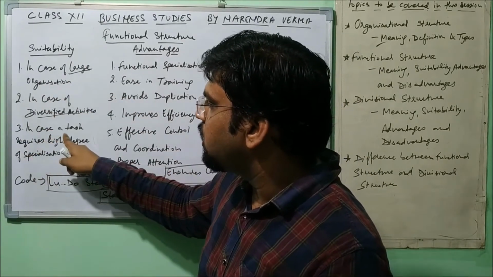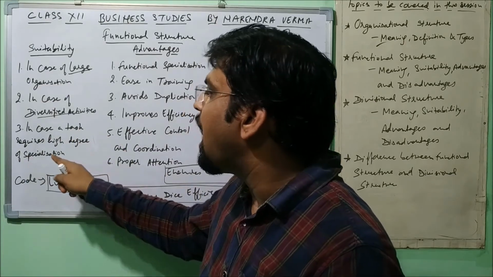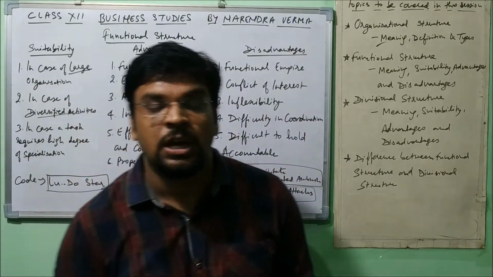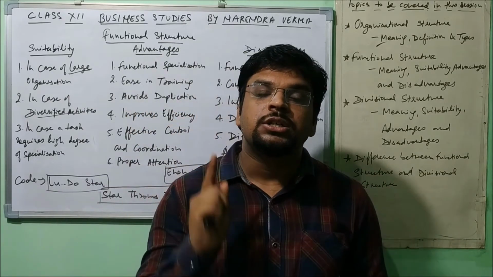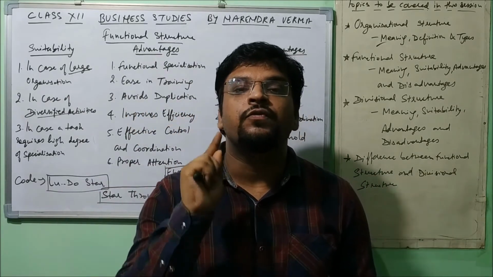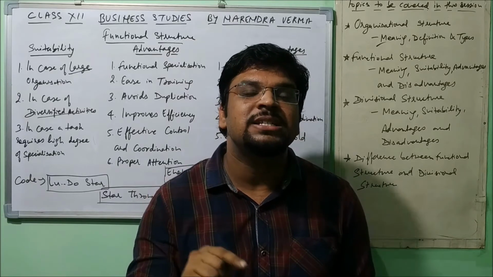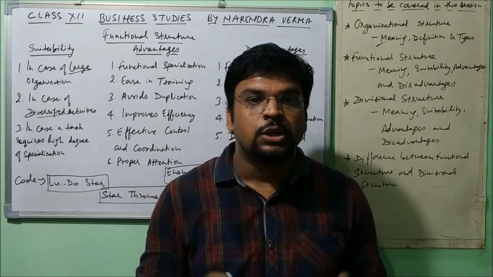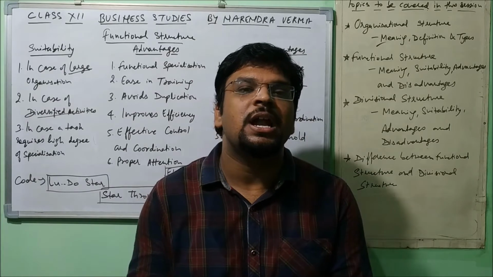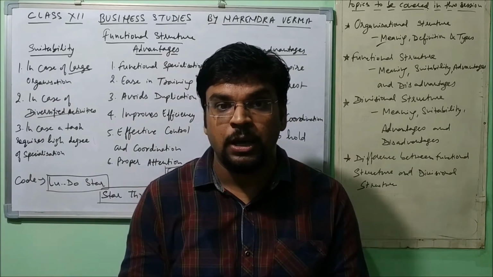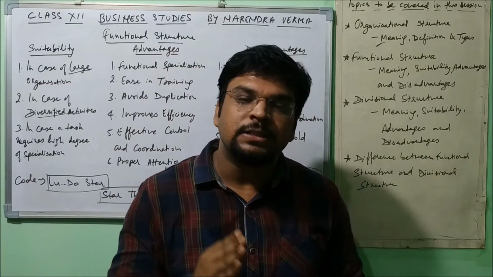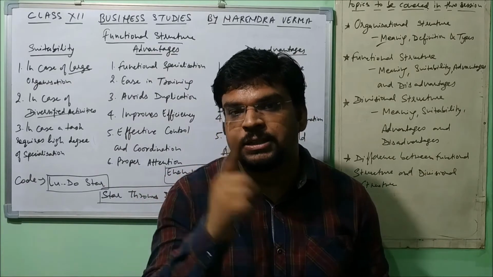And in case a task requires high degree of specialization, that is important one. Functional structure basically focuses on specialization of activities. So if in organization there are such kind of tasks which really need specialization to move ahead, then the functional structure is suggested, right?